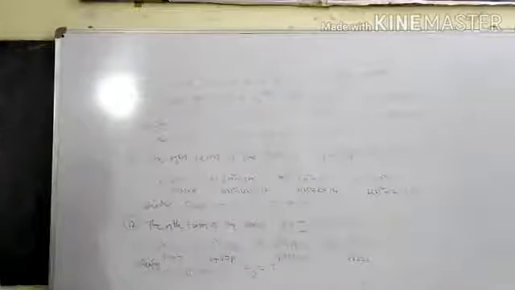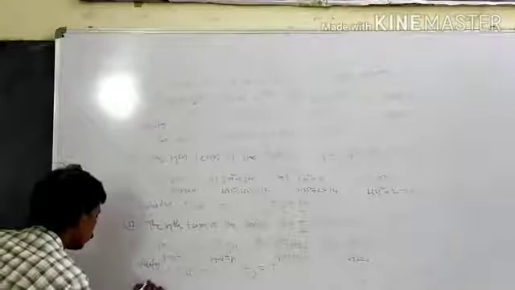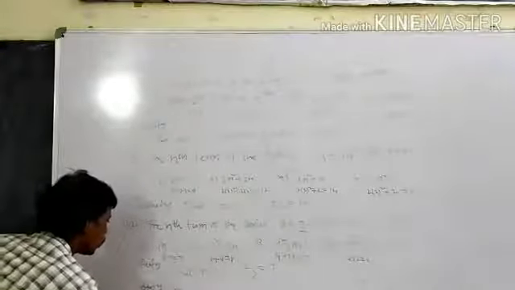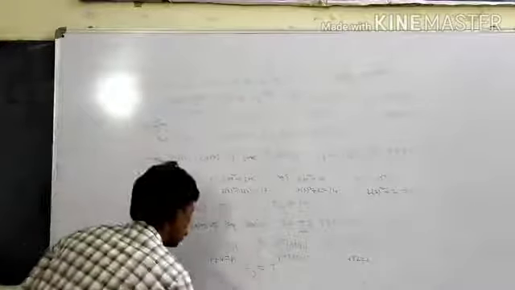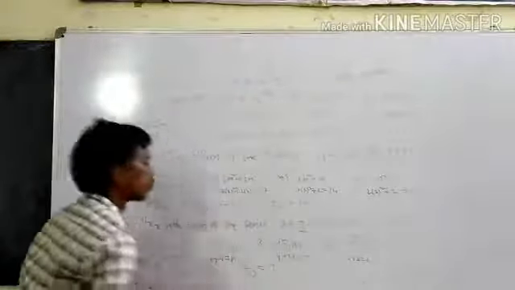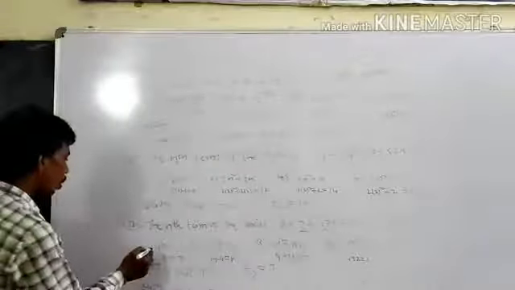Now these two options are there. Now verify, put n equal to 3. T3 is 13.